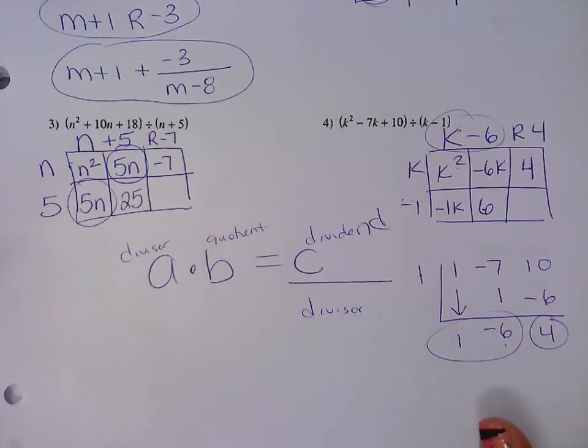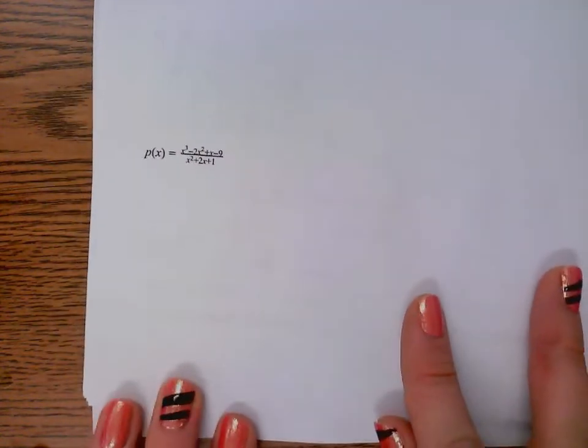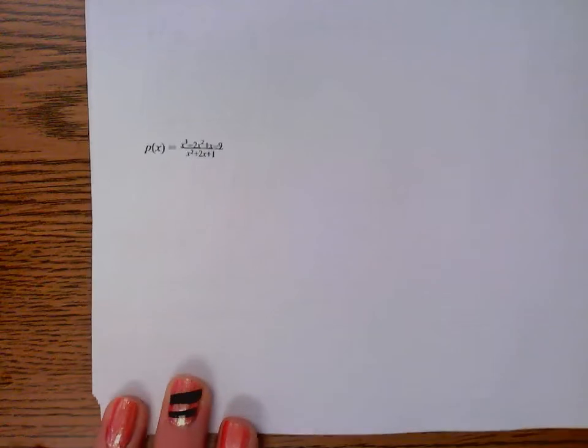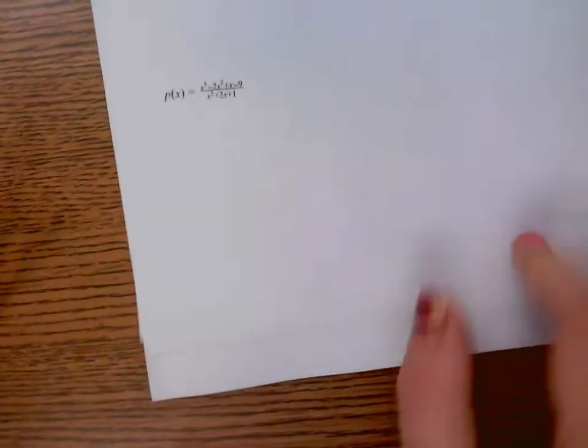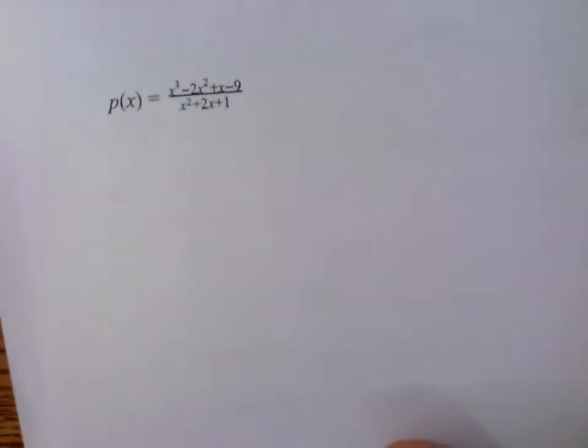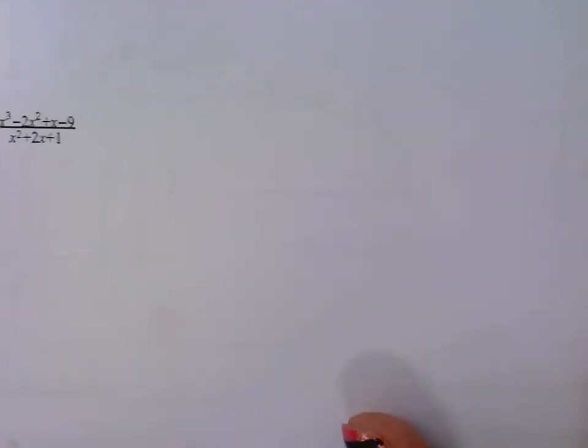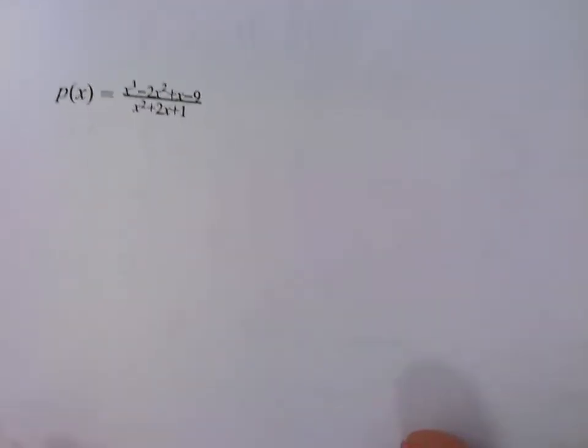All right, so I want to show you one that synthetic will not work on, and then you can just try example G and H up above. But take a look at P of X, because this has 3 terms. Sorry, it printed kind of small, I guess. It has 3 terms in your divisor. And so you're just going to have 3 terms down the side of your box. You just make your box a little bit bigger.